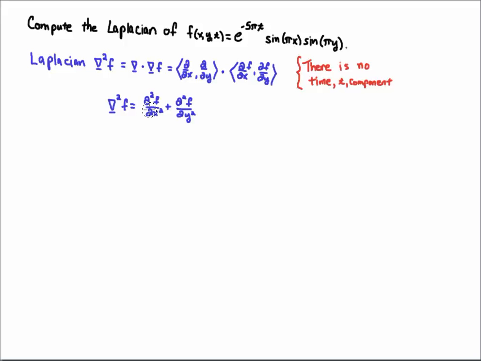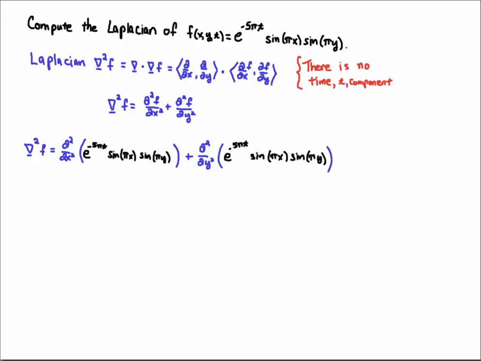So it's the second derivative in the x component plus the second derivative in the y component. All right, so now we are going to apply that operator. That means I take the second derivative of f with respect to x, plus the second derivative of f with respect to y.